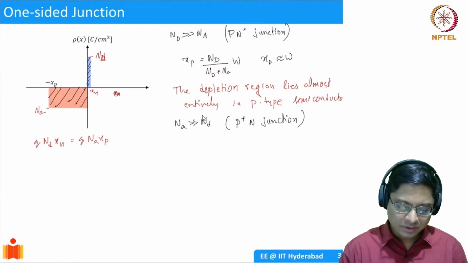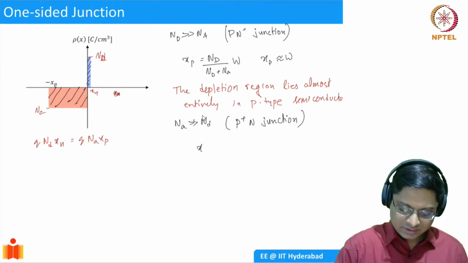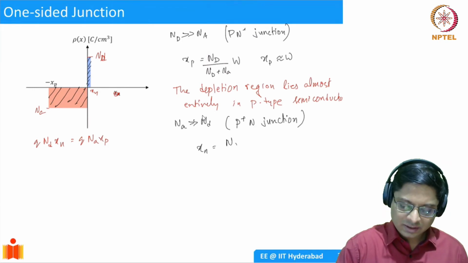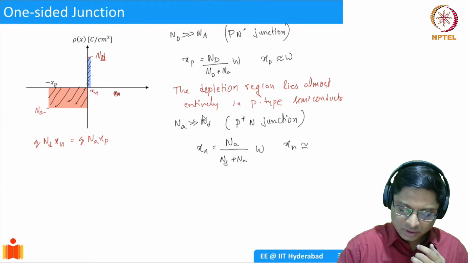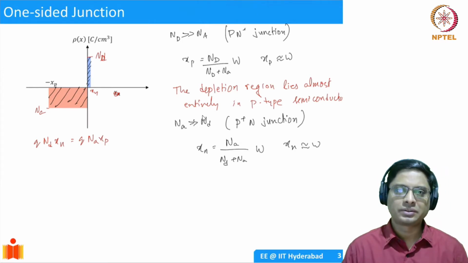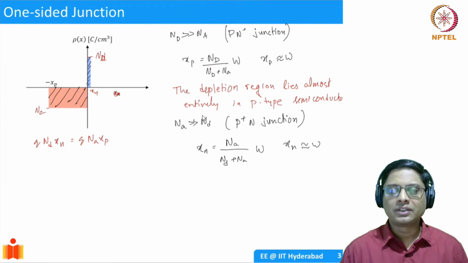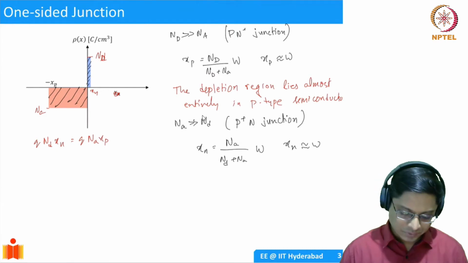So if you have a situation like this, XN is going to be NA divided by ND plus NA times W. In this situation, XN will turn out to be almost equal to W. These are what are known as one-sided junctions, and they happen often in our semiconductor devices. For example, we will talk about them when we talk about MOSFETs. Okay, all right.